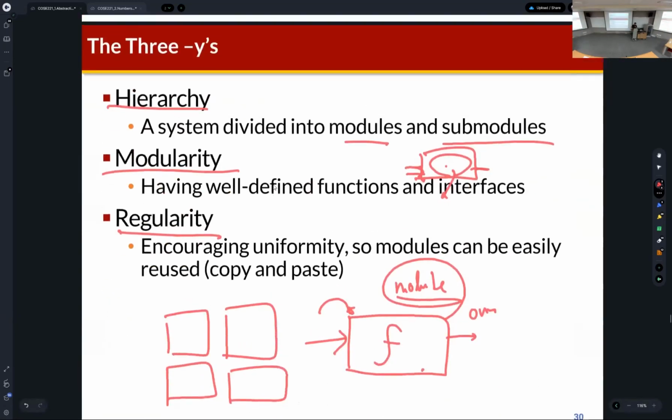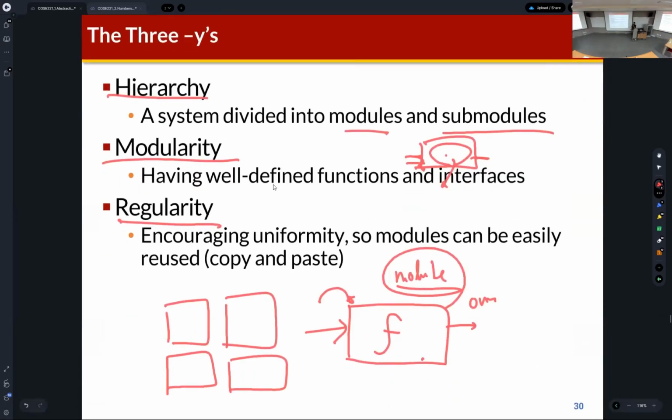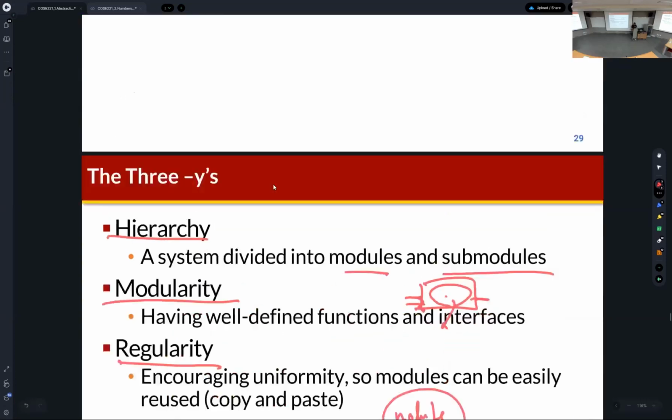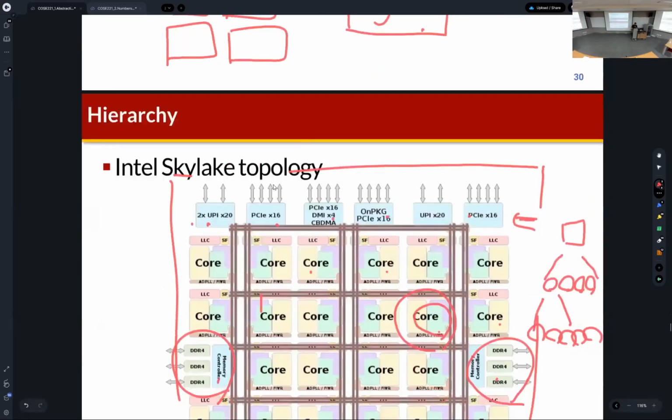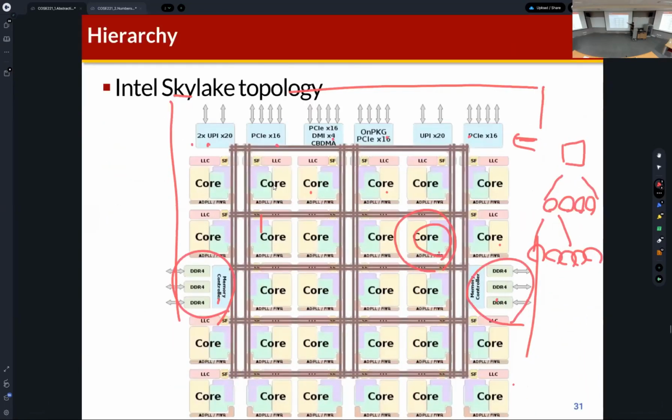Then I also explained the 3 Y's of system design: hierarchy, modularity, and regularity. In order to handle a complex system like this, for example an Intel server CPU, it's a very complex design, and this single chip includes billions of transistors.